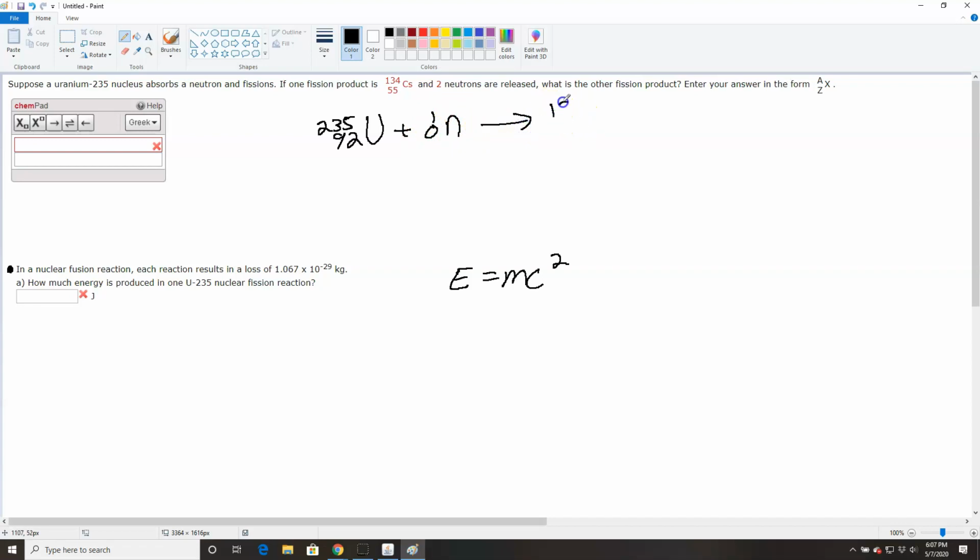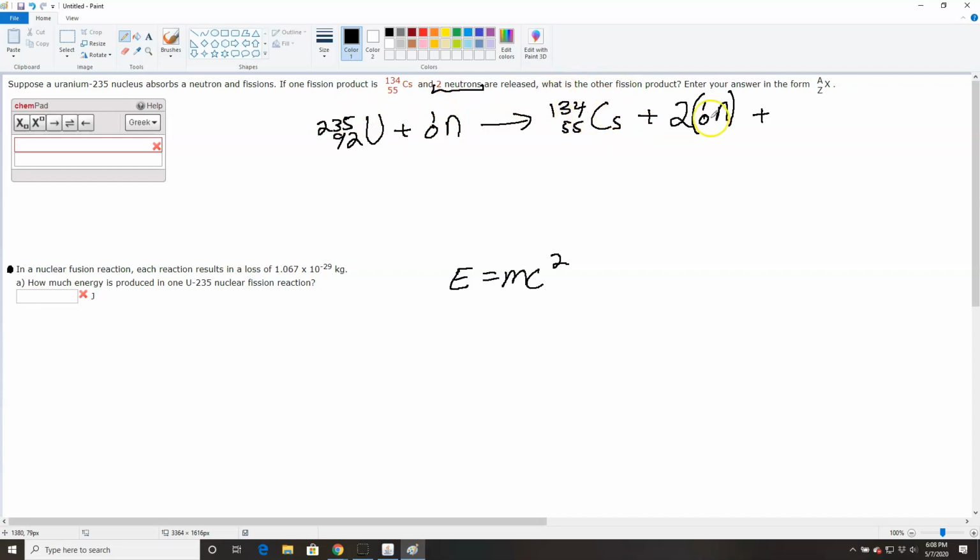That's going to yield cesium-134 (55, 134) plus 2 neutrons. I can put the neutron in parentheses. 2 neutrons are released. And then, well, what's left over? I need to get 236 in my count on the top for mass.